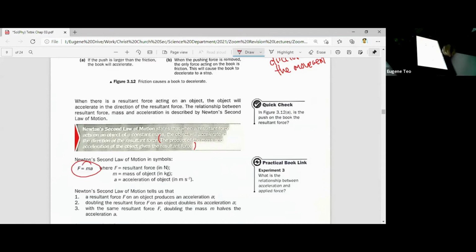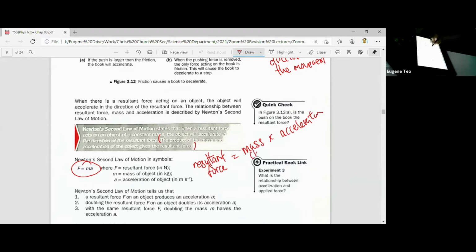The formula that you always use, F equals to ma, actually stems from Newton's second law. It's telling you that to find the resultant force, you take the mass multiplied by the acceleration. F equals to ma.